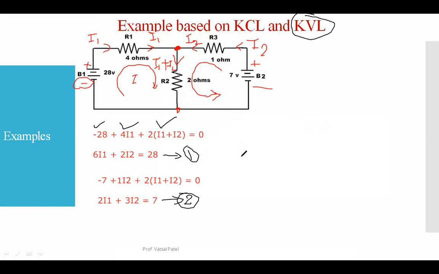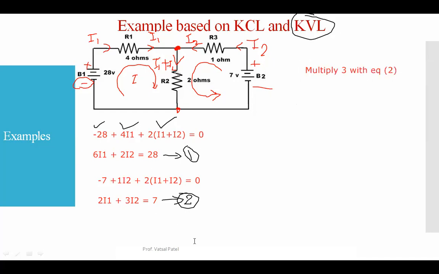Now I need to simplify this equation, because I want to identify I1 and I2 separately. So what I am going to do here is multiply 3 with equation number 2. Why?